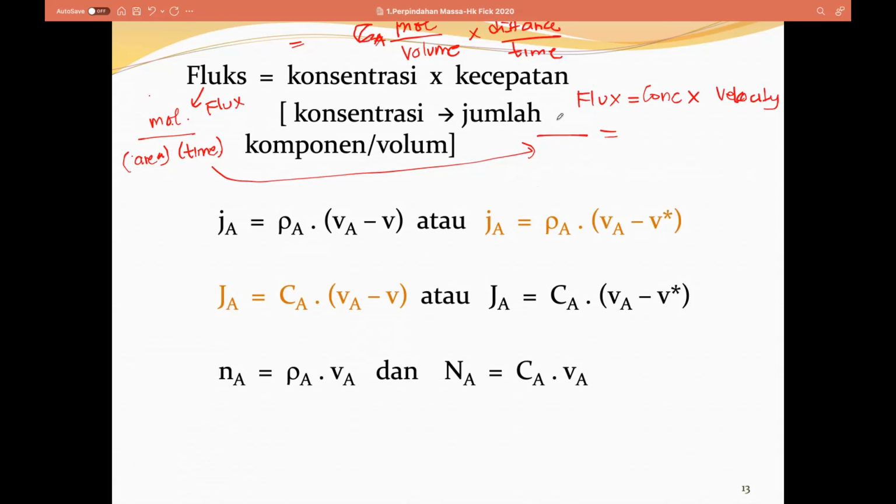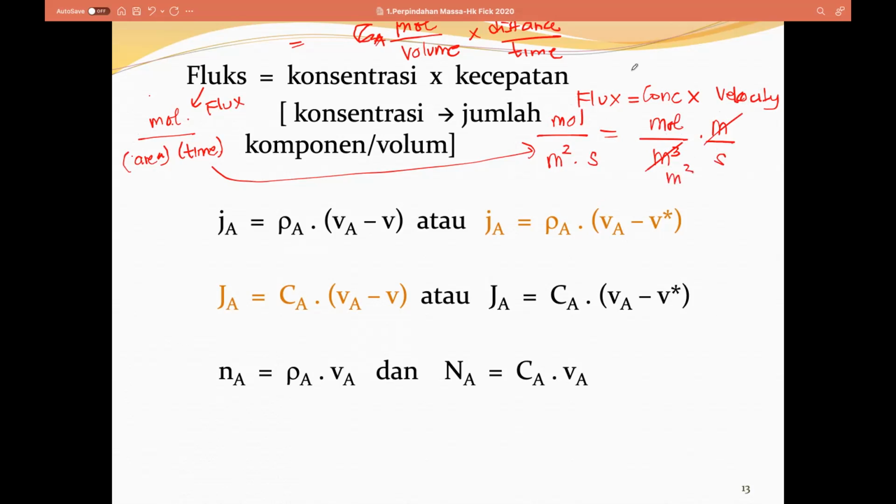Let's say this is the mole, the area is meter square, multiplied with the time. The concentration is the mole again, divided by the volume, which is cubic meter. And velocity is the distance divided by time, second. So if we cancel this out, this becomes m.